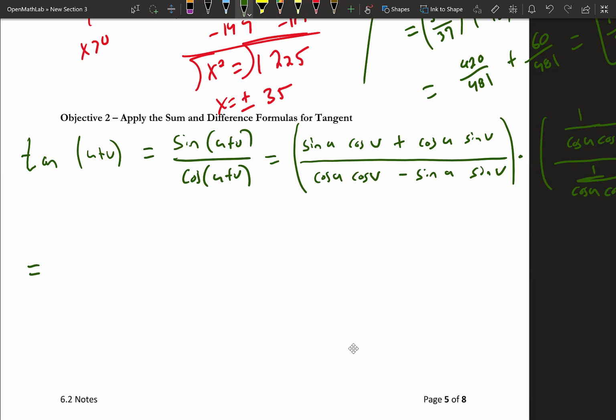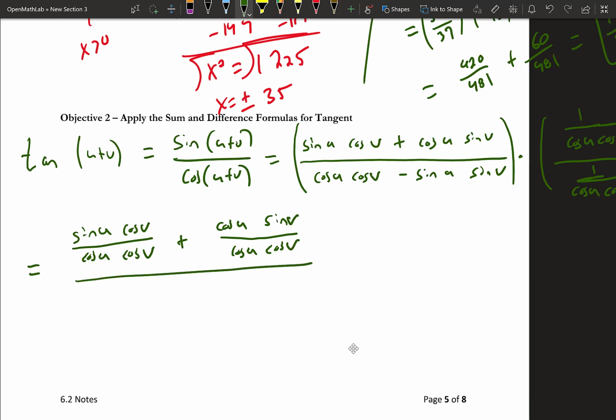If we distribute that through, we would have sine u times cosine v all over cosine u cosine v, plus cosine u sine v all over cosine u cosine v, all over cosine u cosine v over cosine u cosine v, minus sine u sine v all over cosine u cosine v.